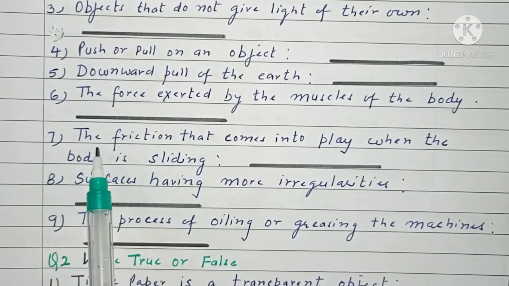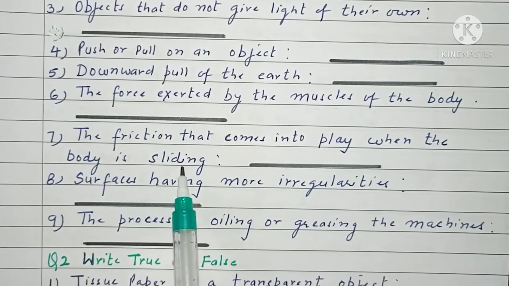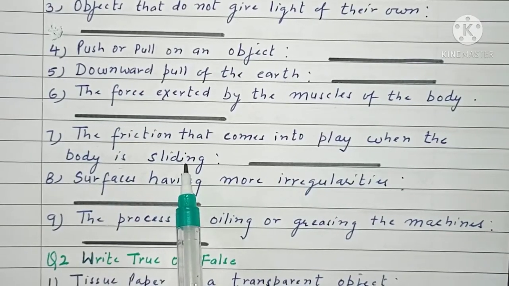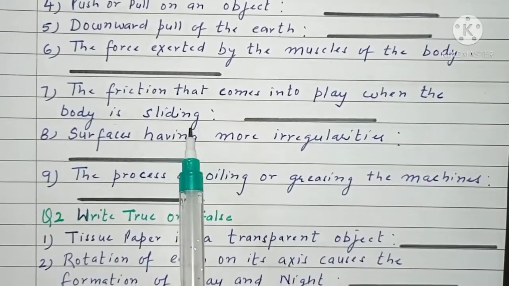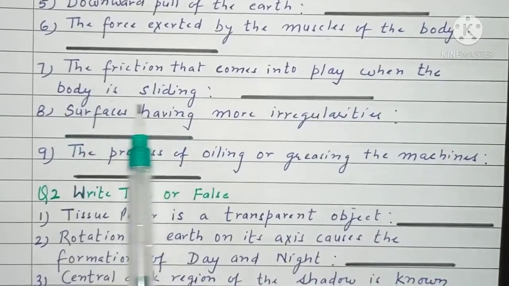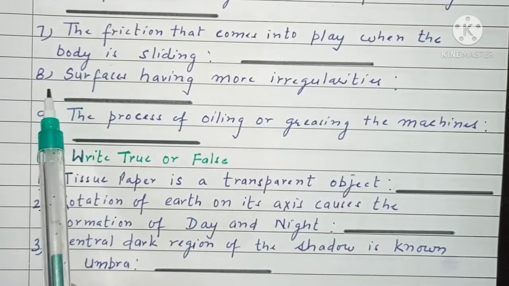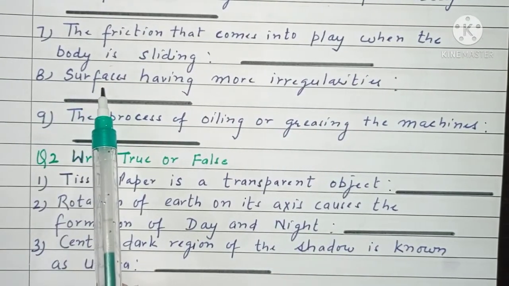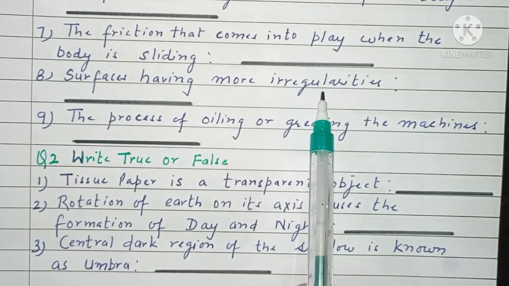Number 7, the friction that comes into play when the body is sliding. As we know, there are three types of friction. So this friction which comes into play when the body is sliding is the sliding friction. Now, in eighth part, we have to name the surface which has more irregularities.